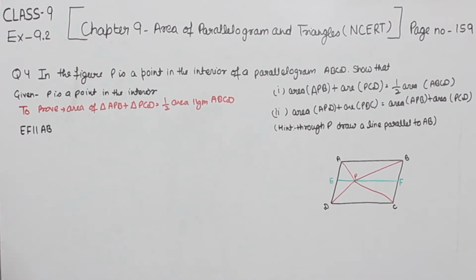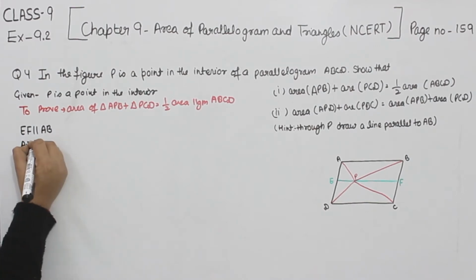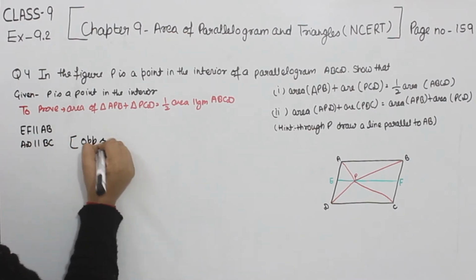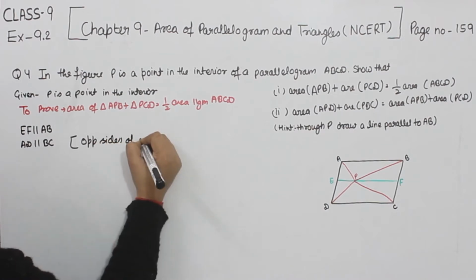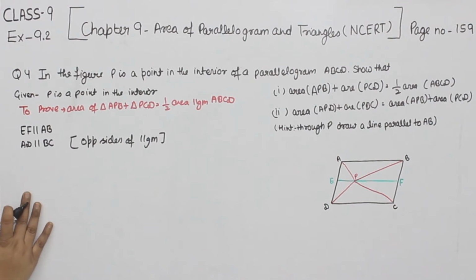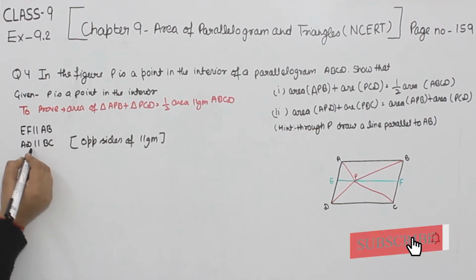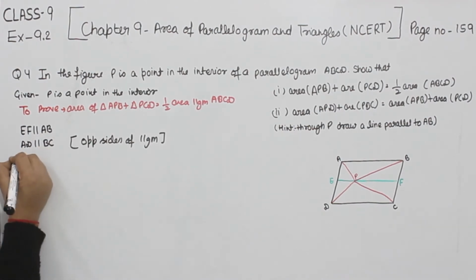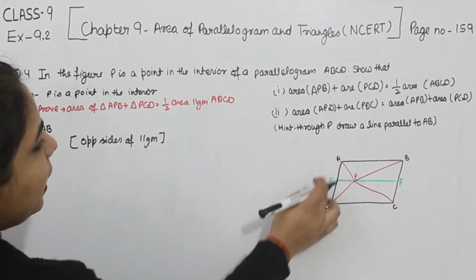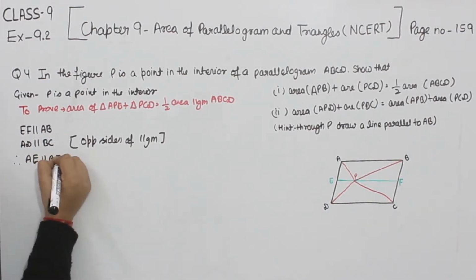So if EF is parallel to AB and AD is parallel to BC, because they are the opposite sides of a parallelogram and they are equal, then AE is parallel to BF.